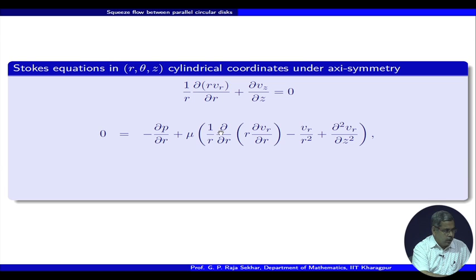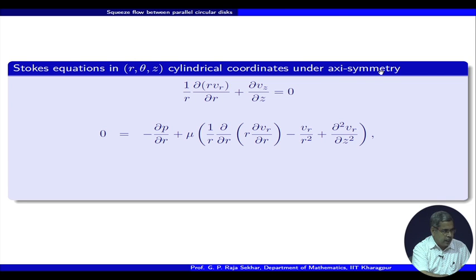Now let us look at the r momentum. You can see there are no derivative terms with respect to theta, again due to the axisymmetry assumption. We have already discussed these equations in some of our previous lectures.